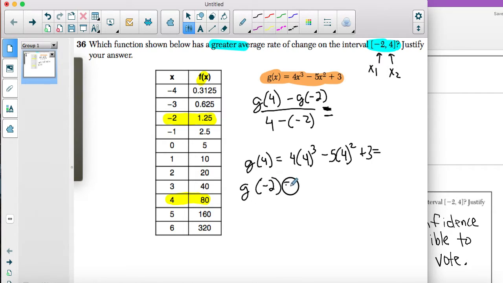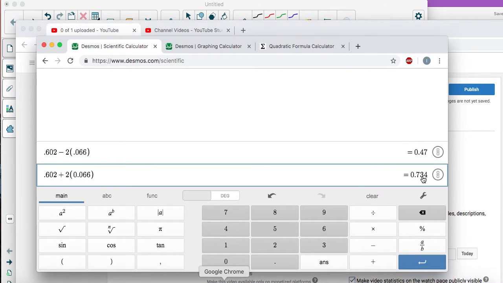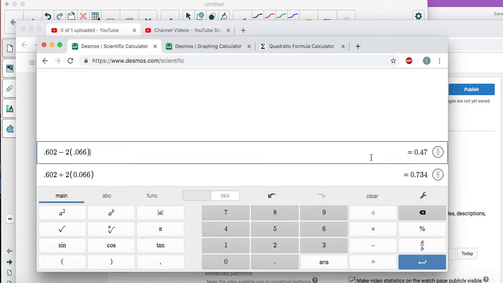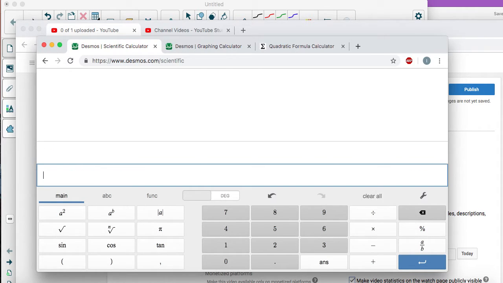We don't have to show all the steps. Minus 5 times negative 2 squared plus 3. We'll just use the calculator to get the values. I could even just use the table, that probably would be easier.